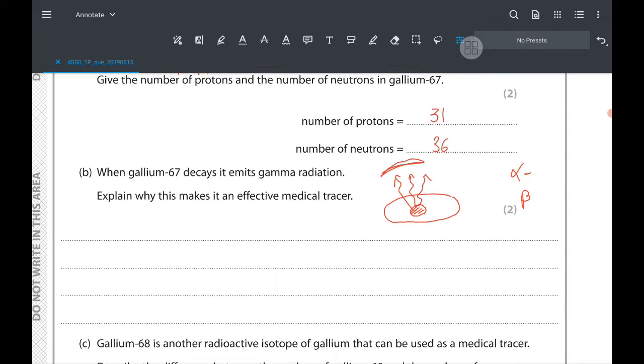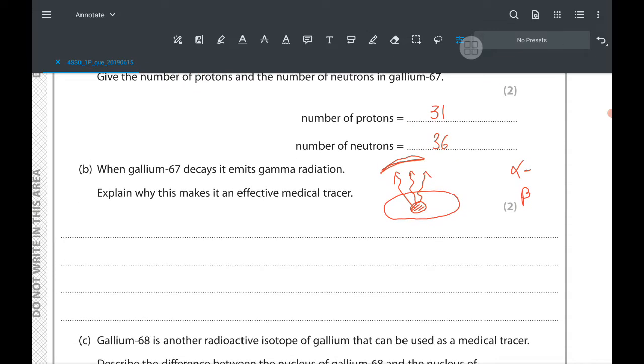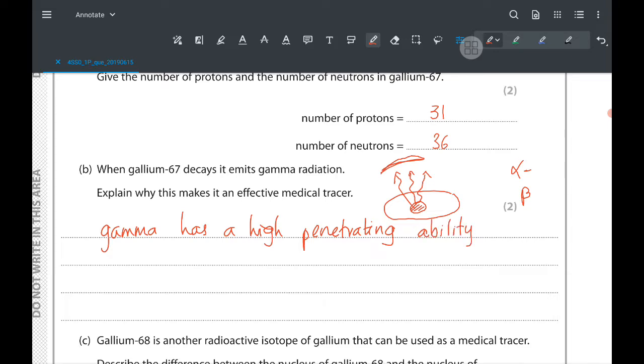So I'll write down the answer this way. We can say gamma has a high penetrating ability and gamma can be detected outside the body due to that reason.